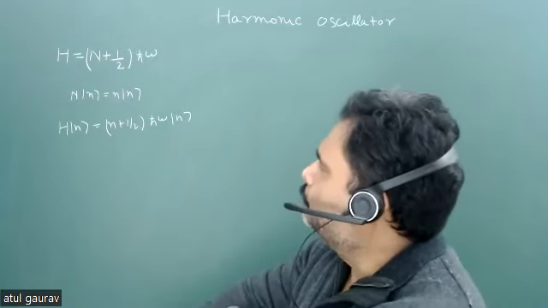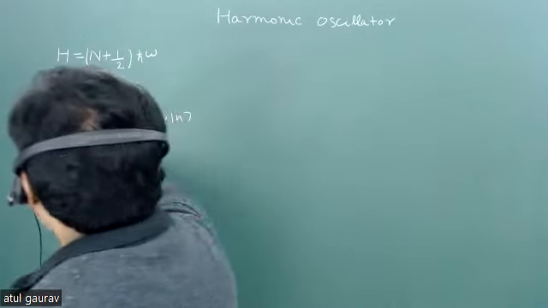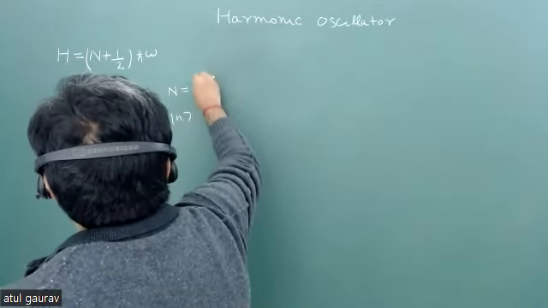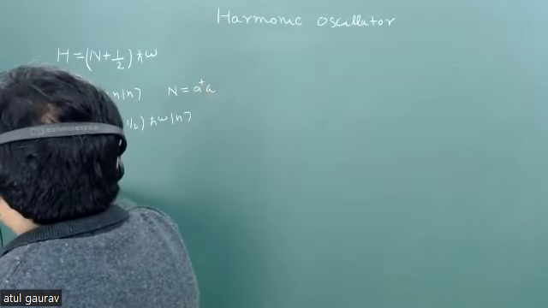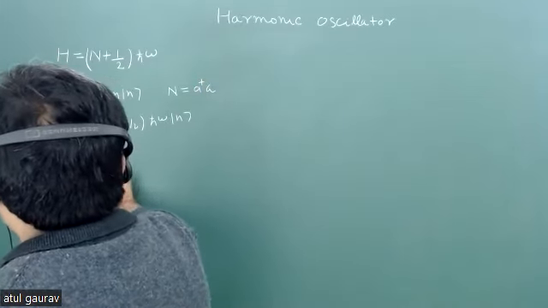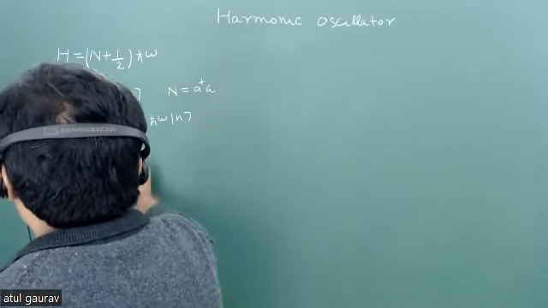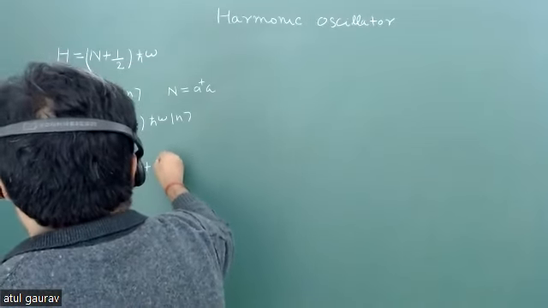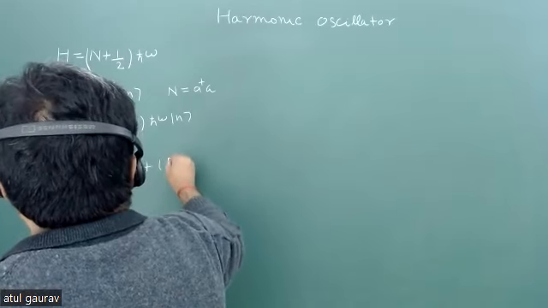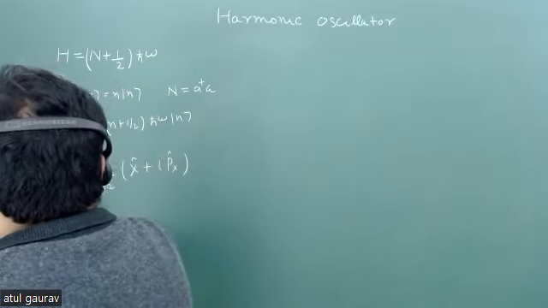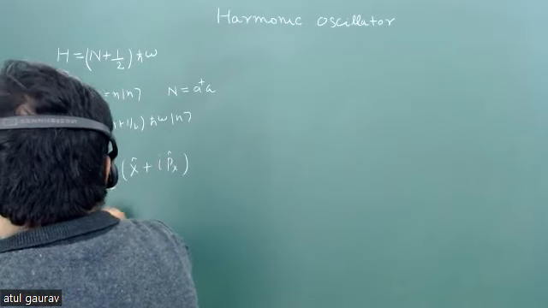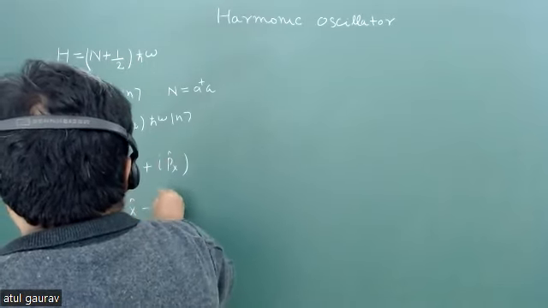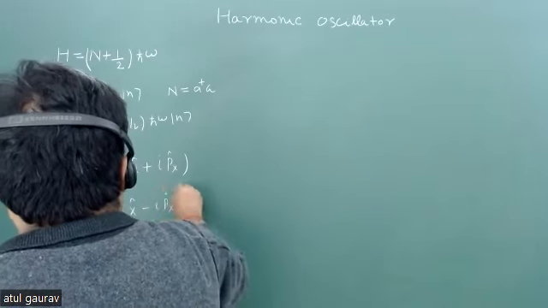And we have this n as A dagger A, where A is a dimensionless operator which can be written as 1 by root 2 (x cap plus i px cap), and A dagger is equal to 1 by root 2 (x cap minus i px cap).